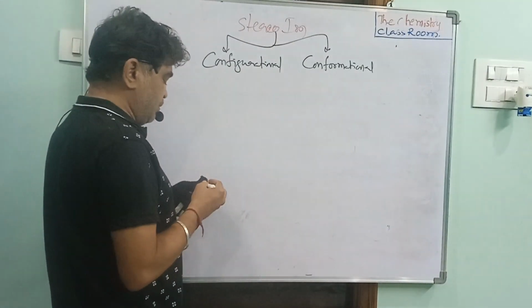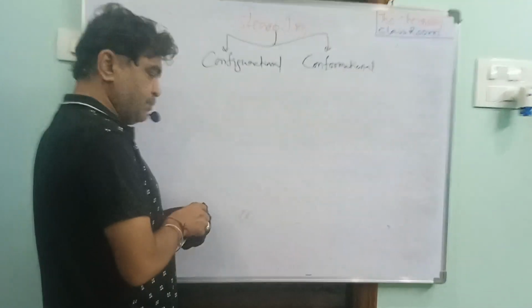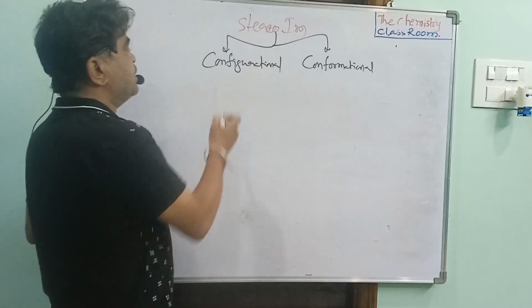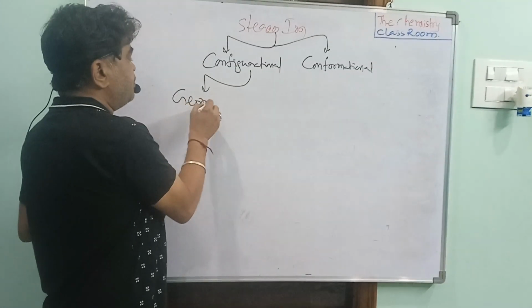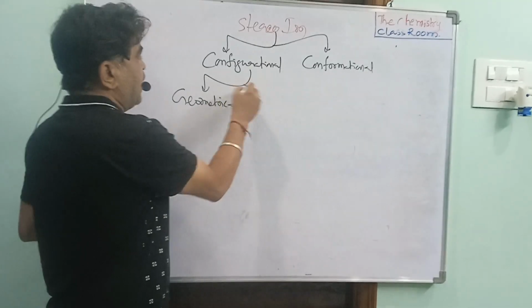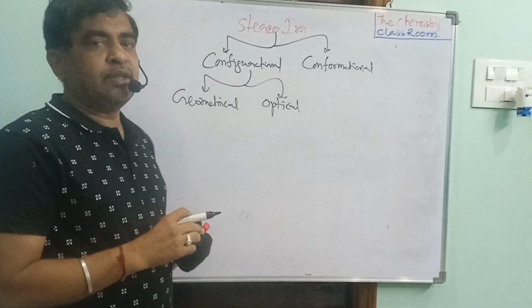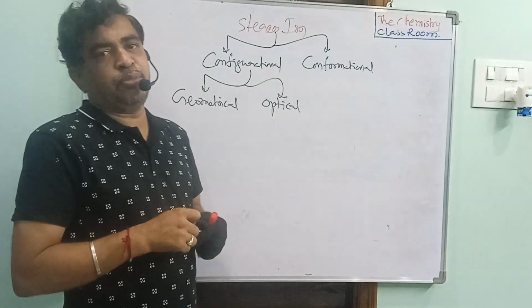The one is called geometrical isomerism and the second is called optical isomerism.